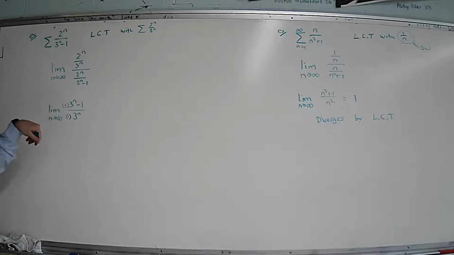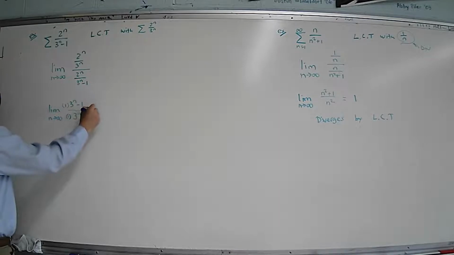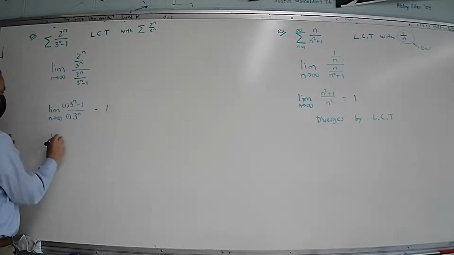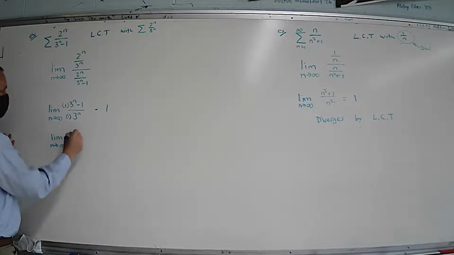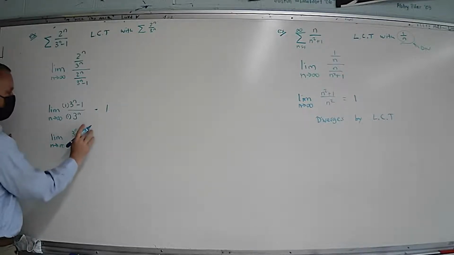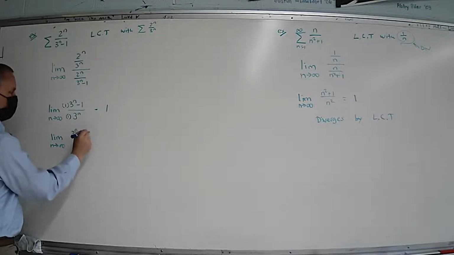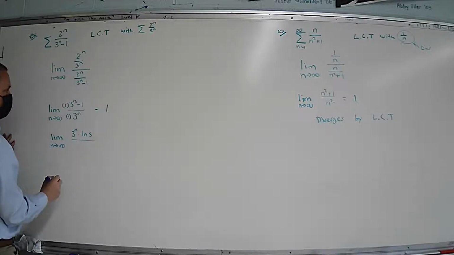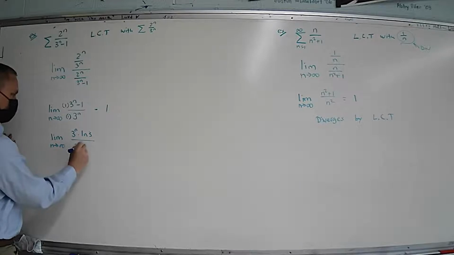So what's the limit? 1 over 1. Okay. Now, if you don't believe that, let's just knock out a L'Hopital real fast so you can see. What's the derivative of the top? Well, the derivative of the top would be 3 to the n times natural log of 3. And what's the derivative of the bottom? 3 to the n times natural log of 3.